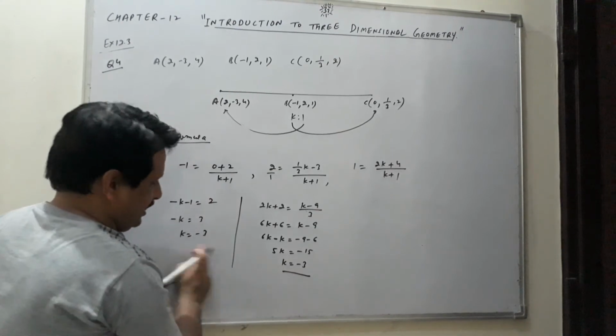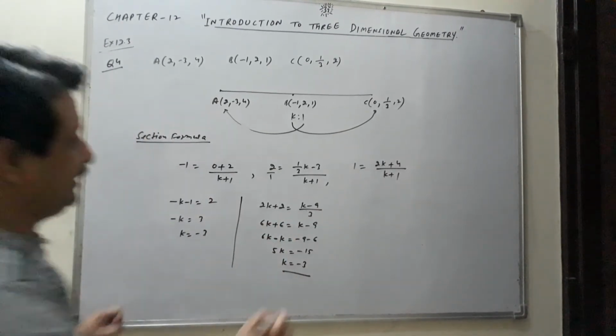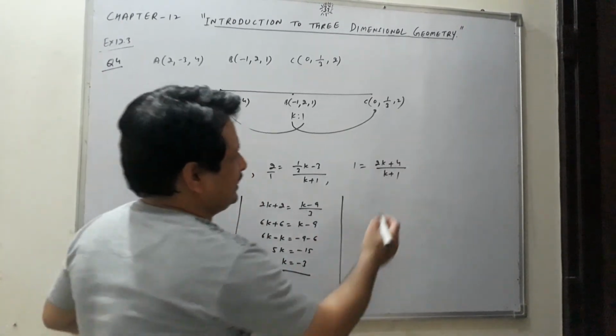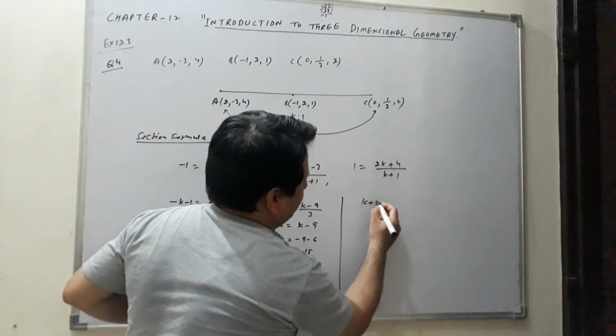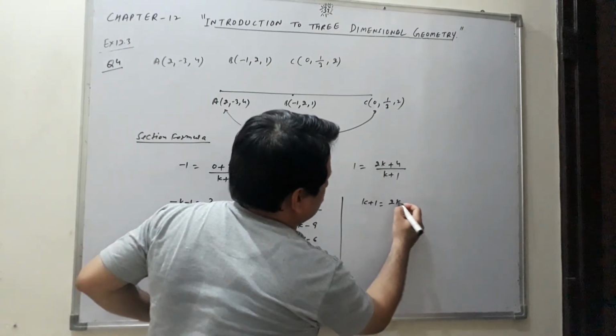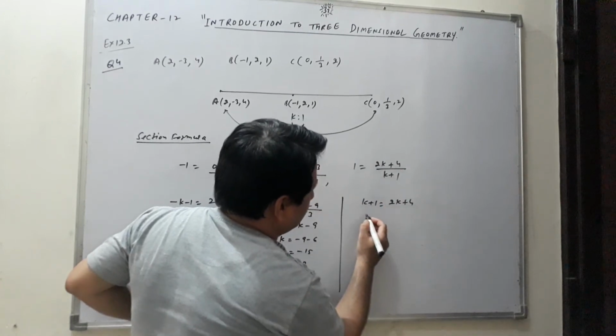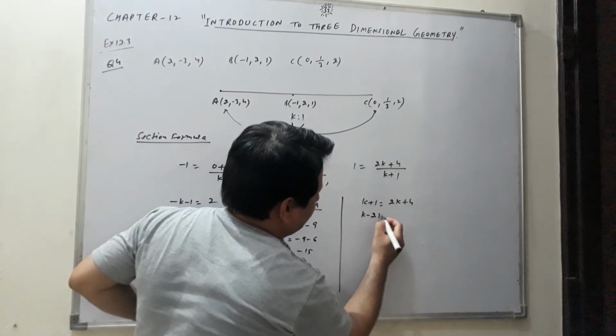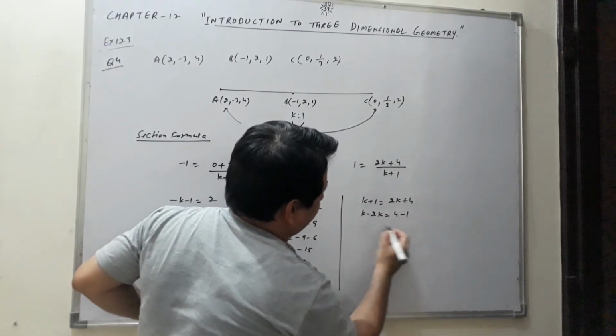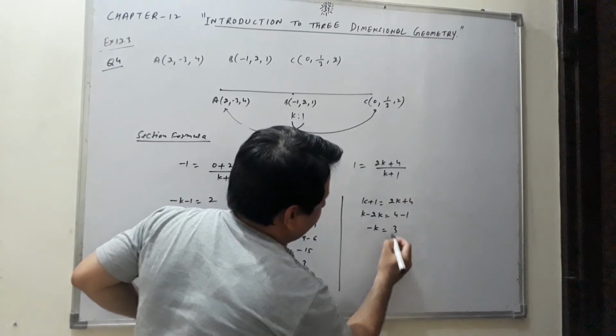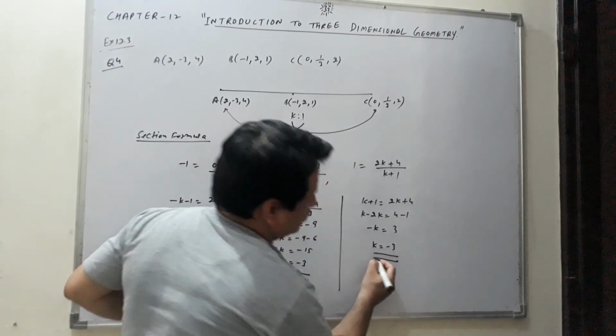You can check, k is coming as -3. Then the next one, again cross multiply: k plus 1 equals 2k plus 4. Now k minus 2k equals 4 minus 1, or -k equals 3, so k is equal to -3, students.